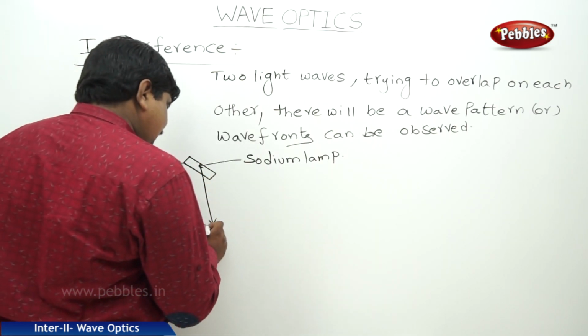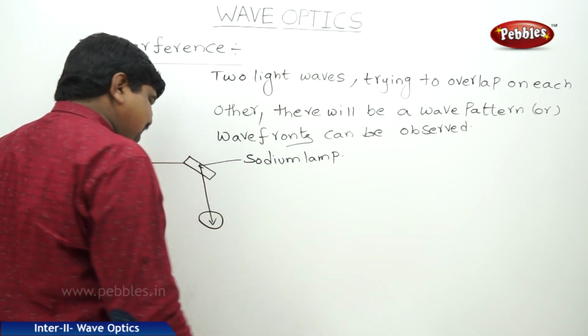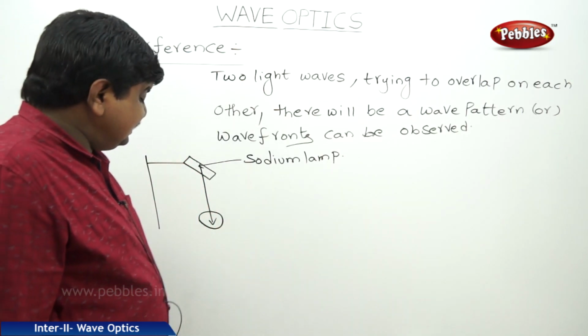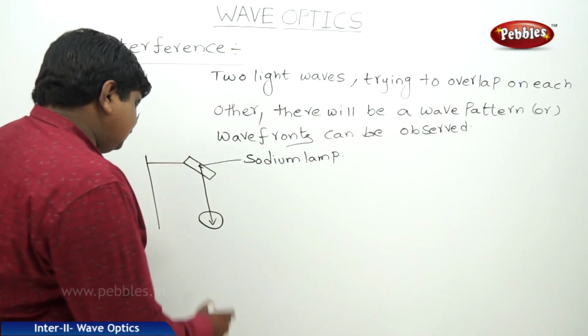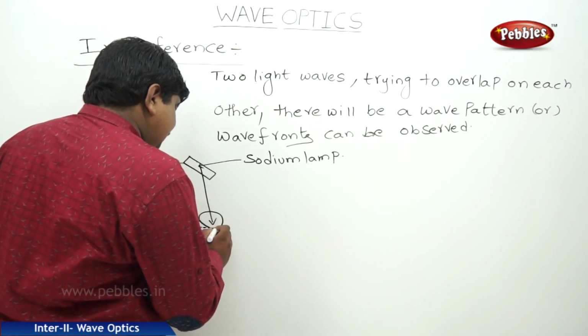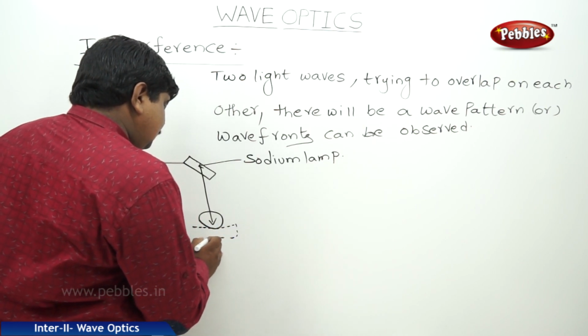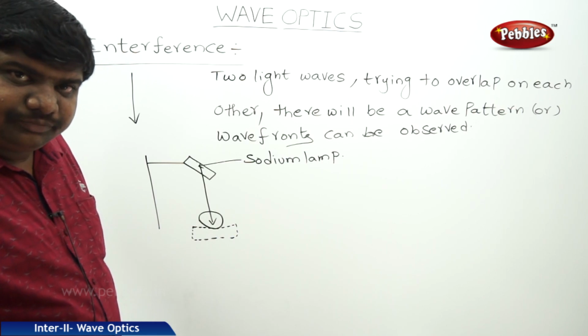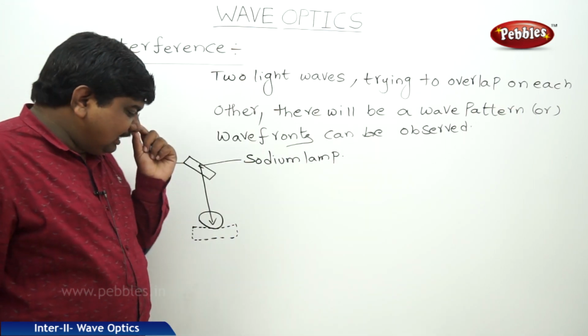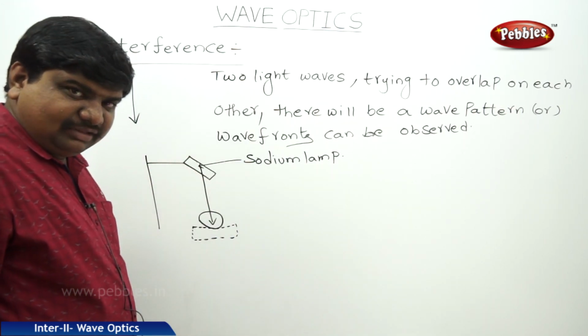Here, one spherical lens is placed. Actually, a lens is a material that can transmit the light. Just beneath the lens, one black colored paper is placed. This black paper acts as a reflector of the light.